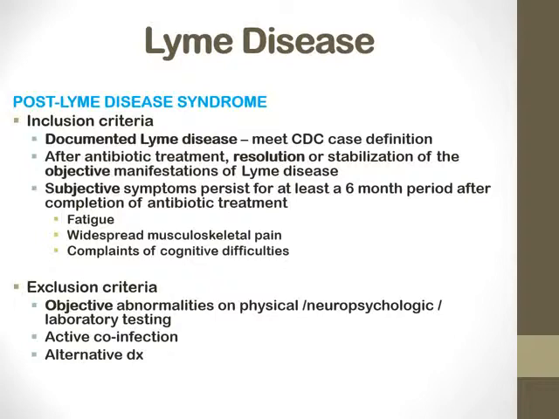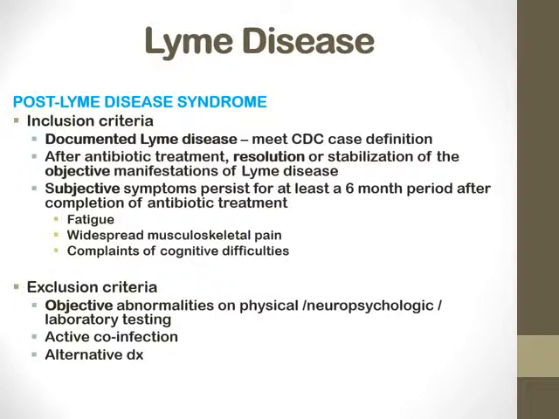If you define post-Lyme disease syndrome, various inclusion and exclusion criteria have been proposed. First and foremost, to have post-Lyme disease syndrome, you need documented Lyme disease. And we'll talk about how to diagnose Lyme disease in a couple slides. Secondly, you need to have ongoing symptoms after having undergone appropriate antimicrobial therapy and have resolution of any objective findings that were there previously.